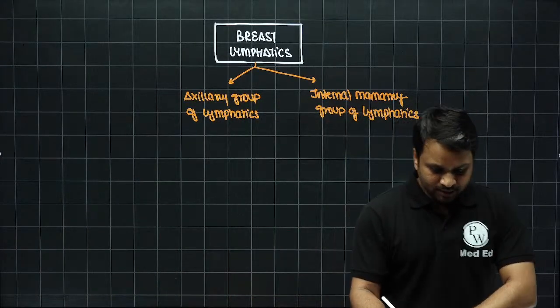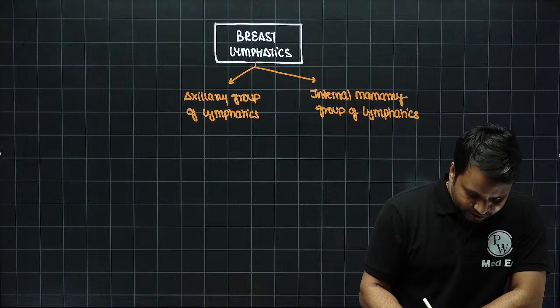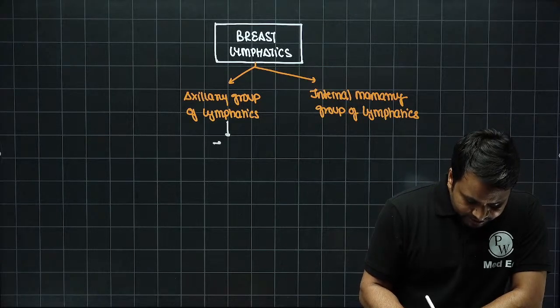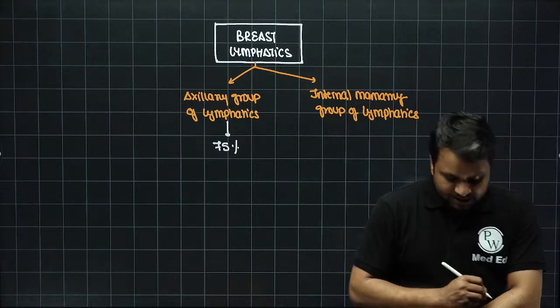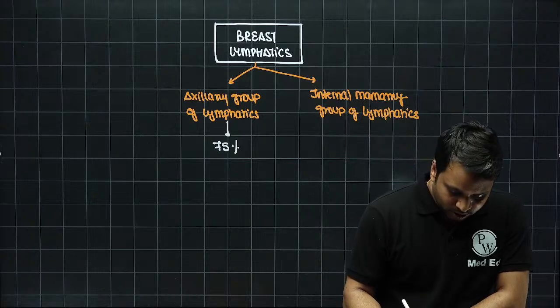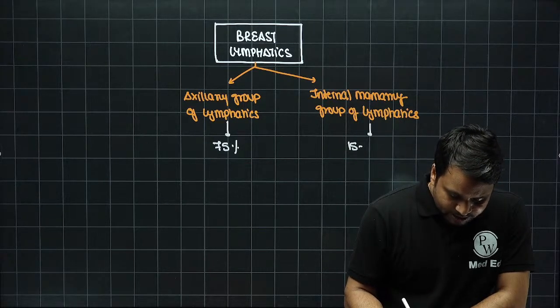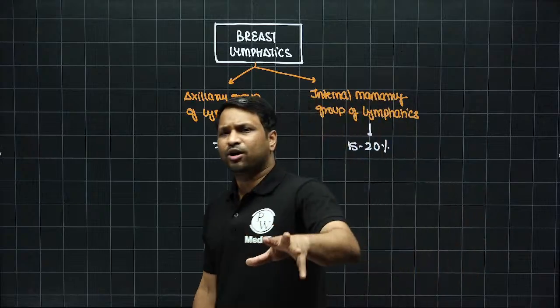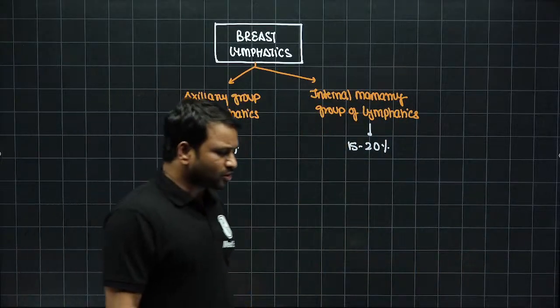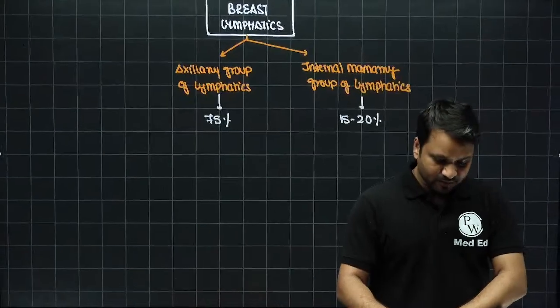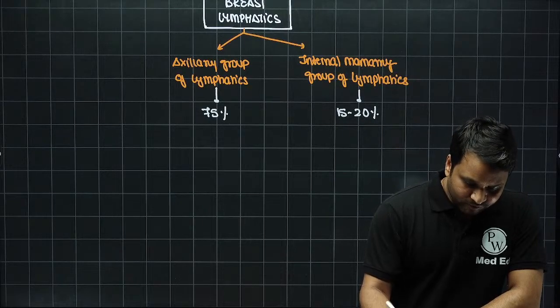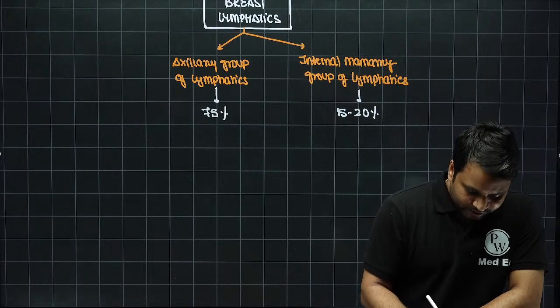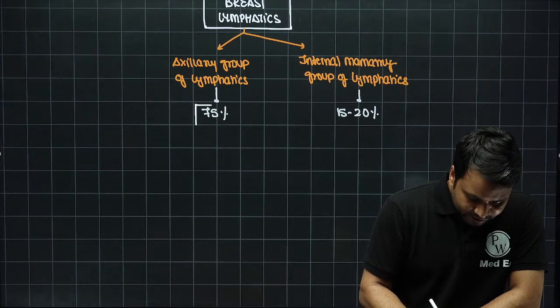When you look at the entire lymphatic drainage, around 75% of the breast lymphatics are carried out by the axillary group. Around 15 to 20% is carried by the internal mammary, and then you have miscellaneous smaller groups which carry the other 5 to 10% of the breast lymphatics. The axillary group of lymphatics is further divided into three subsets.